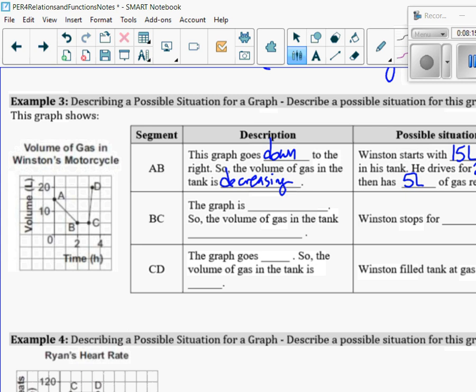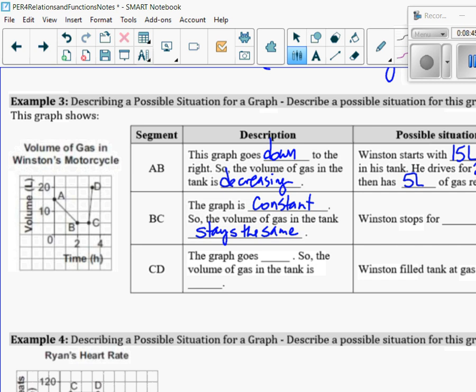Yeah? Okay, so what happens from B to C? The graph is constant. That was the term. You could say the same, but the term is constant, right? It's not changing. So constant. So the volume of the gas in the tank stays the same. Okay, so what's a possible situation?